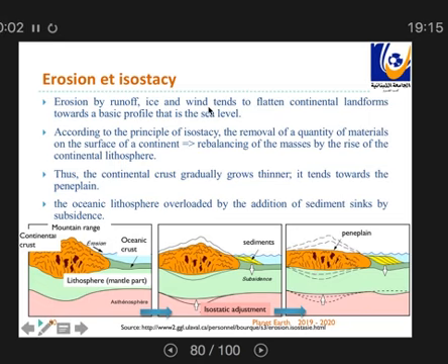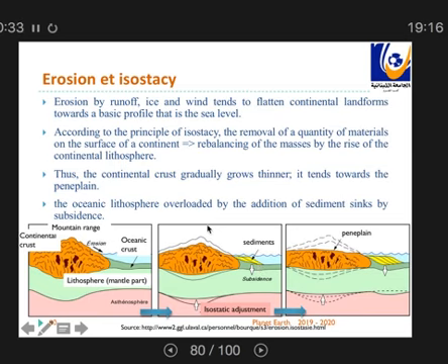And these winds and precipitation flatten the continental landform towards a basic profile that is the sea level. Okay, you can see here we have a mountain range and we have erosion, and later on some particles that go to the ocean. Okay, these are the sediments. They came from the erosion of this mountain on the continent.